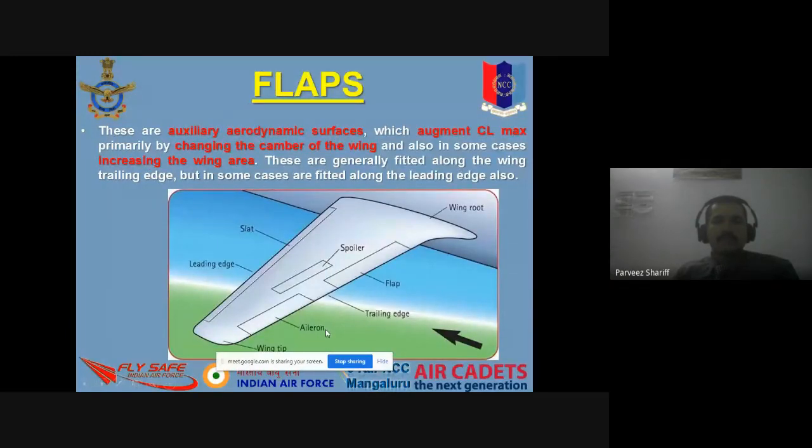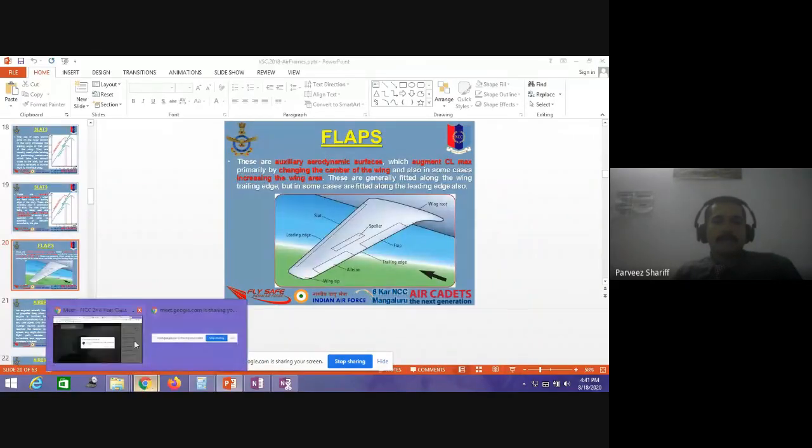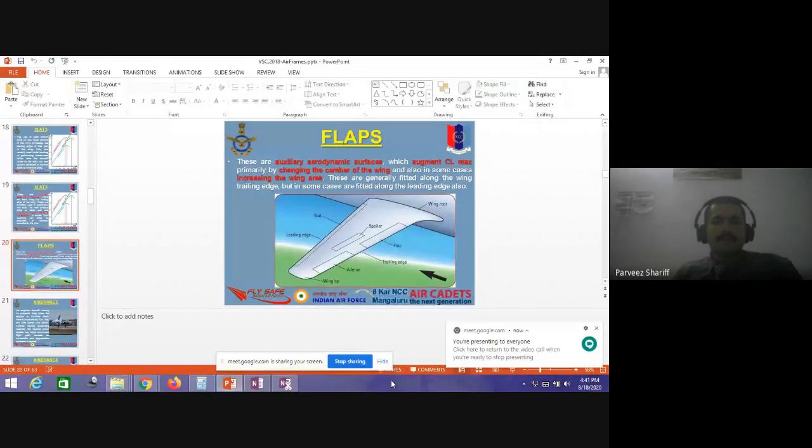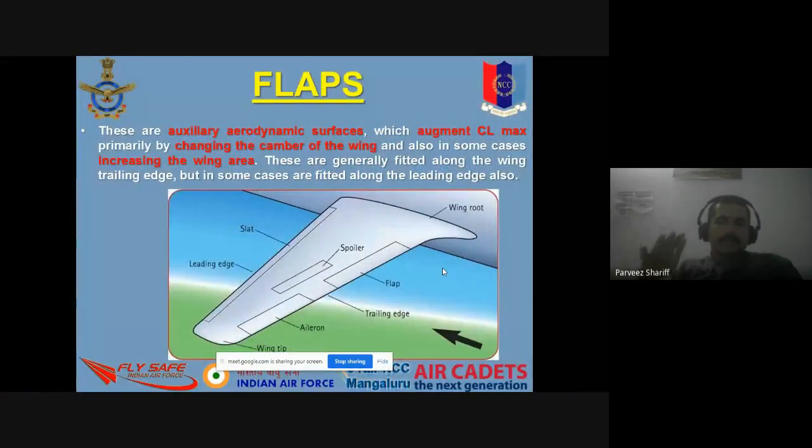Now what is the function of flaps? As I told you, the flaps are only used during landing and takeoff. Why? Because the aircraft cannot land at the same speed at which it flies. The speed has to be reduced.